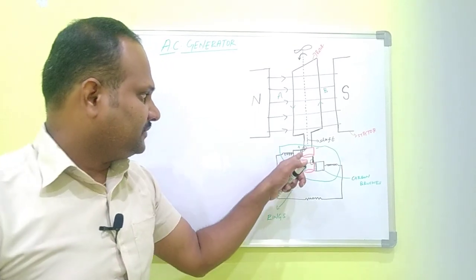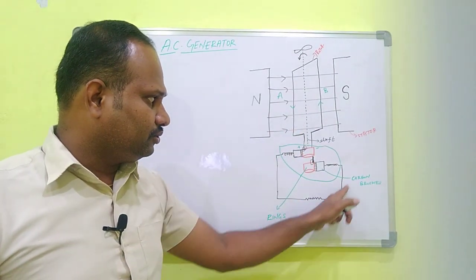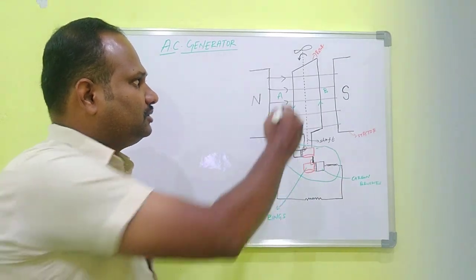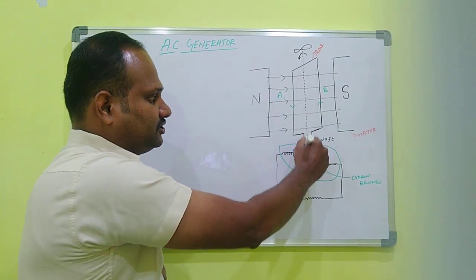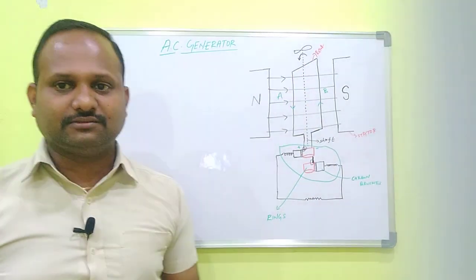Then the current passes from A and goes to B. This is the route map of the current in the first half rotation.